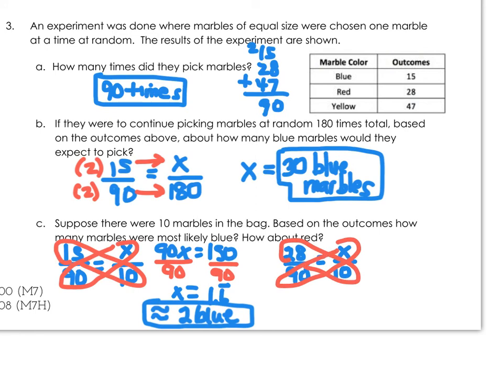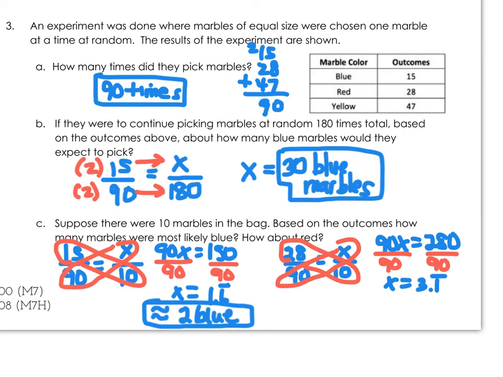Then you'll get 90x equals 280. Then you divide by 90 on each side. It's going to be another repeating decimal, x equals 3.1 repeating.